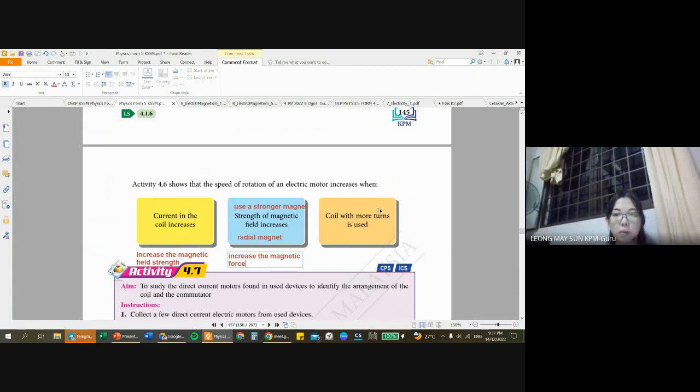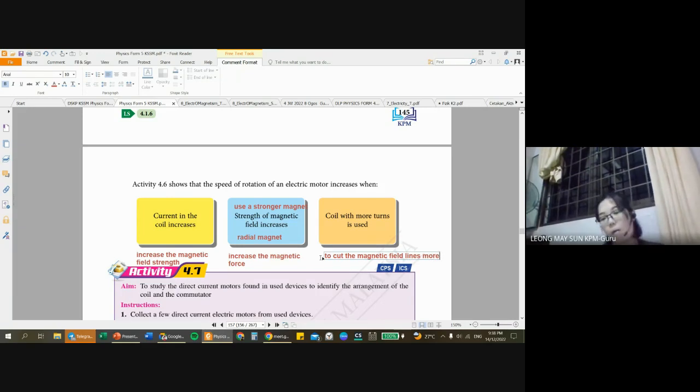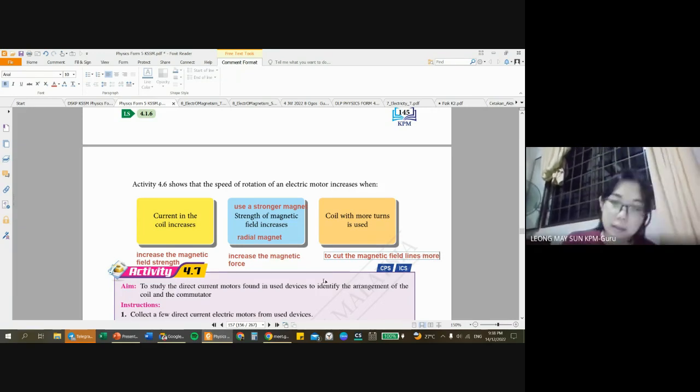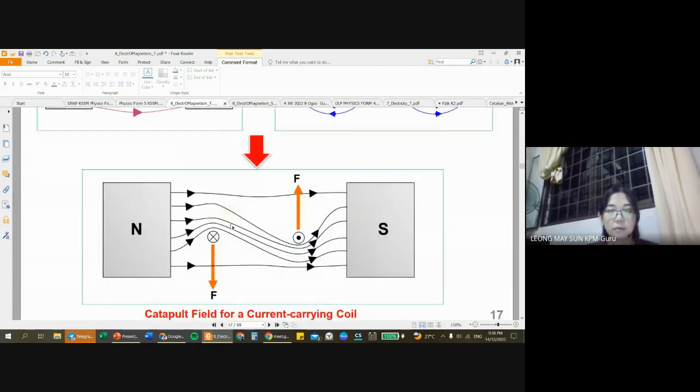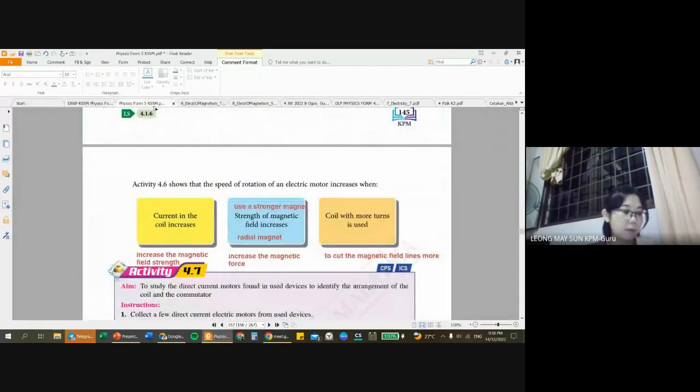The coils with more turns, all right, more number of turns being used, the reason being to cut the magnetic field lines more, or to cut the magnetic flux. All right, so these are a few methods for us to increase the turning effect. Okay, so I guess you all want to copy this first. If you all want, please do go ahead.